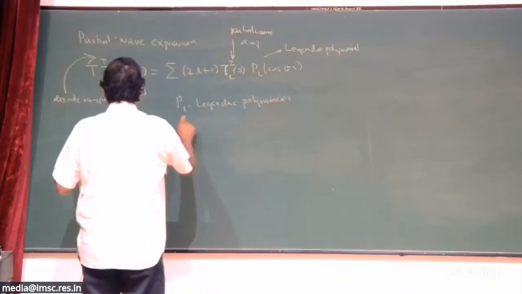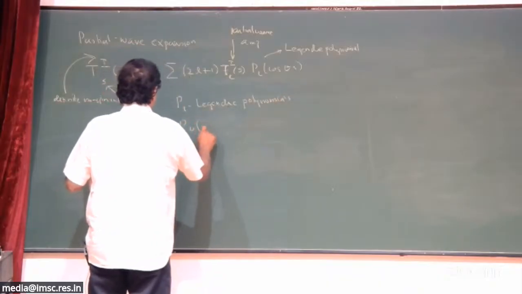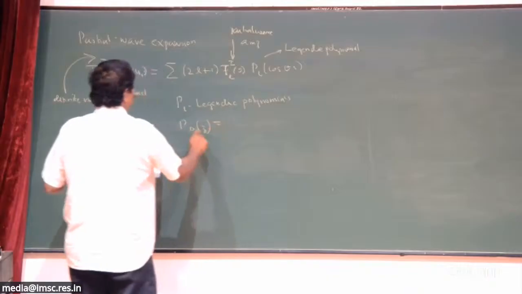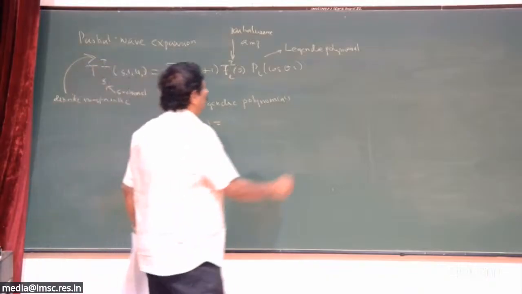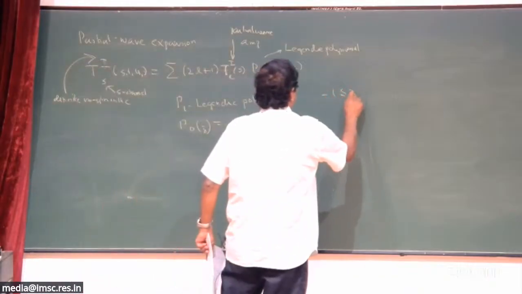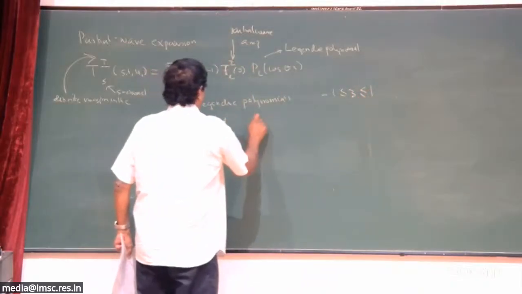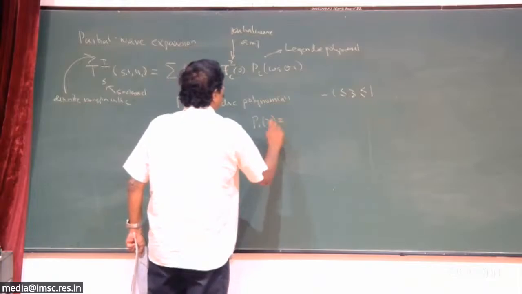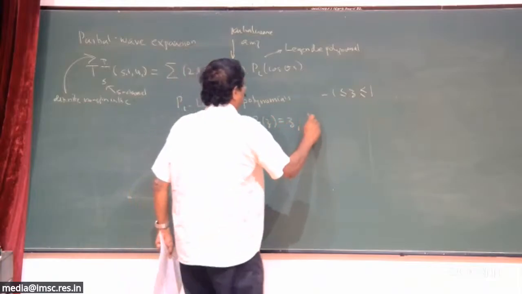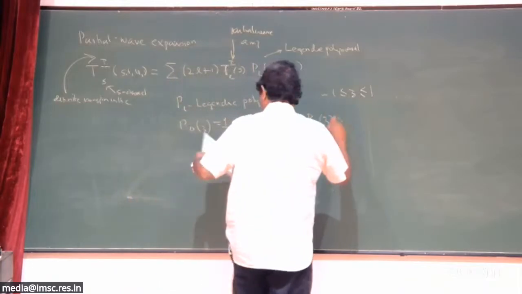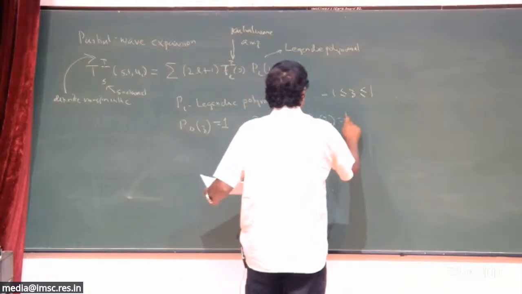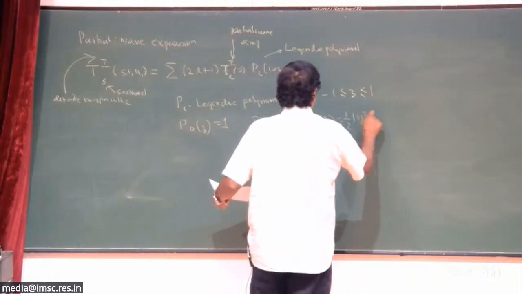What about P0 of Z? Can somebody tell me what is P0 of Z, where minus 1 less than or equal to Z less than or equal to 1? It is equal to 1. Then P1 of Z is Z. P2 of Z is equal to 1/2 of 3Z squared minus 1.